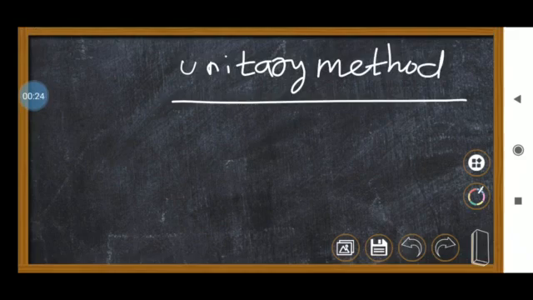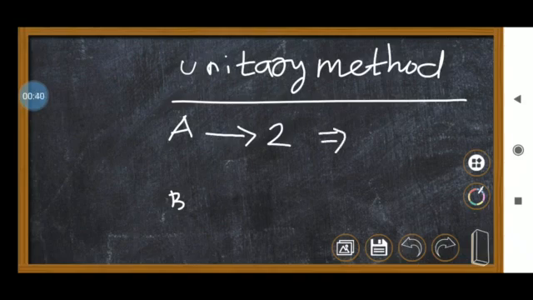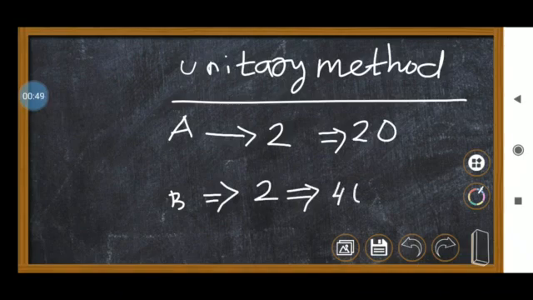For example, A and B both go to one shop. A purchased two chocolates for 20 rupees, and B purchased two chocolates for 40 rupees.